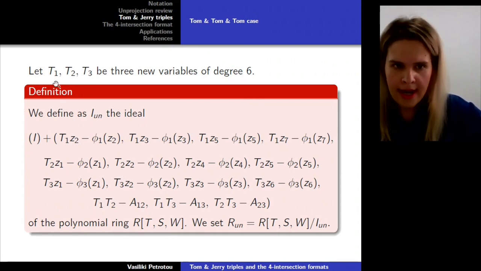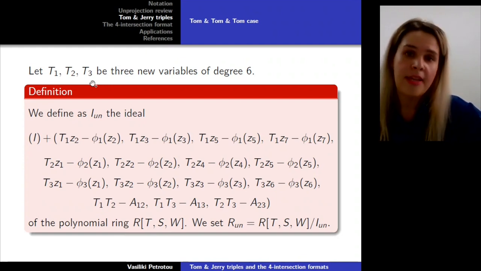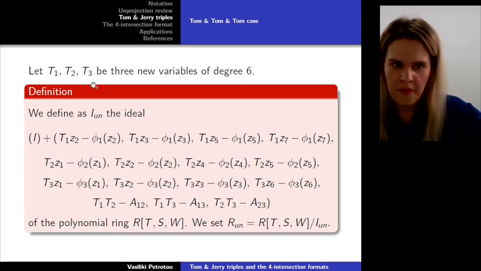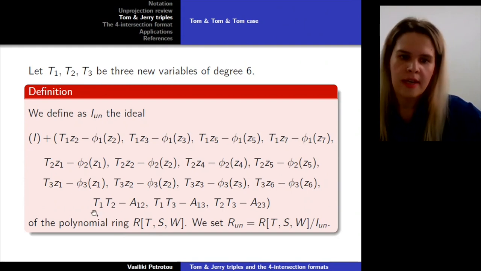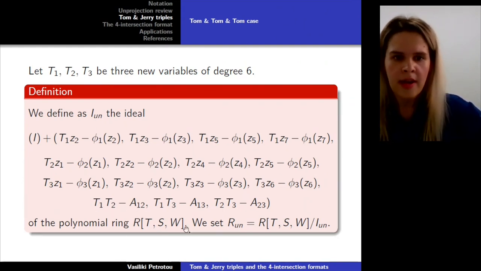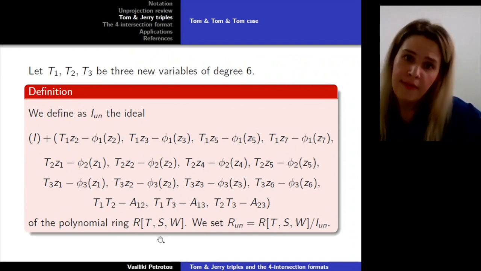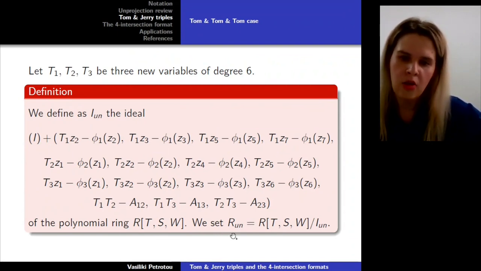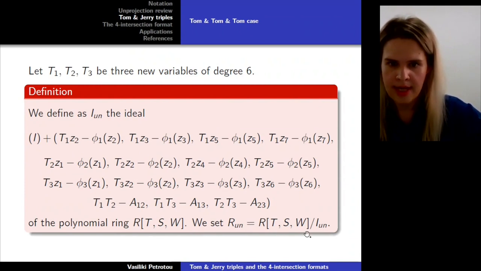We denote by T1 up to T3 three new variables, the projection variables, and using the elements that we computed before, we write down the final ring, and we denote by Rn the quotient ring.